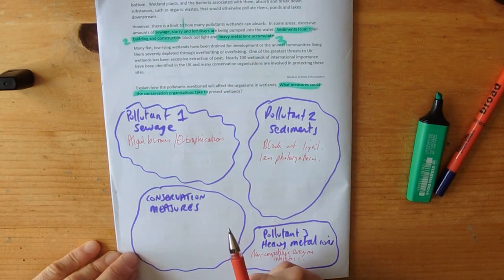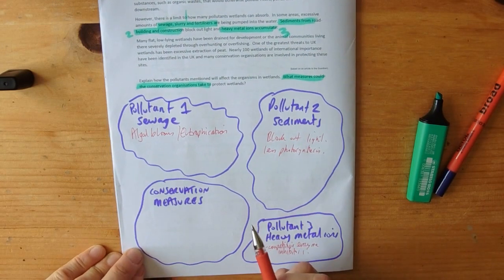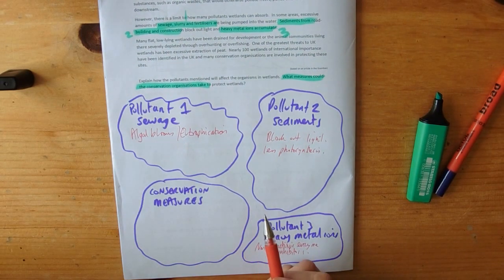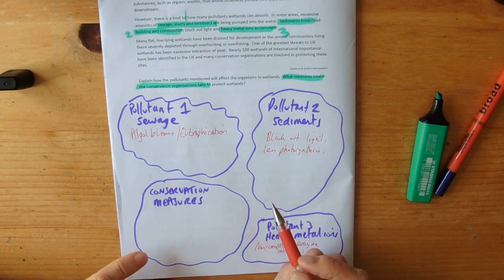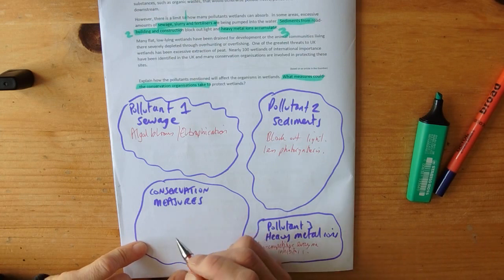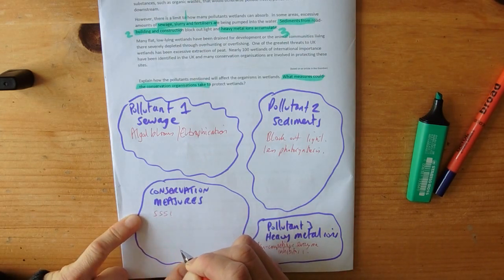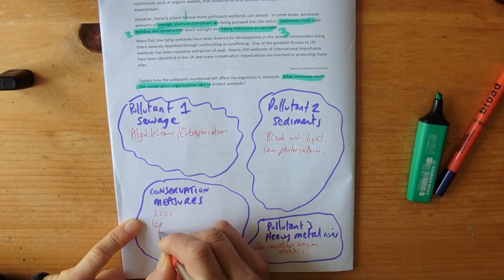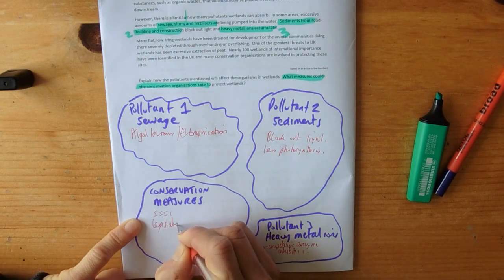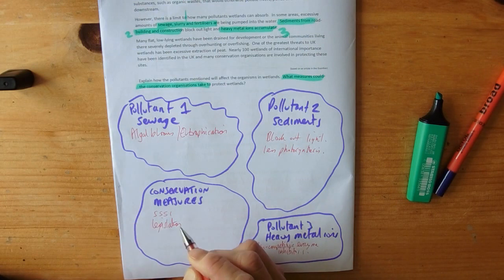And then conservation measures. Again, this is from your human impact, and they're all listed, and lots of examples and things. We're looking for things like sites of special scientific interest, legislation, and you might have some examples from your notes in that.